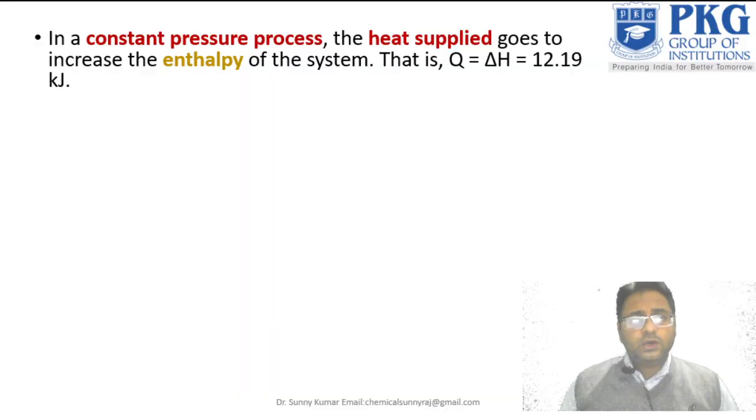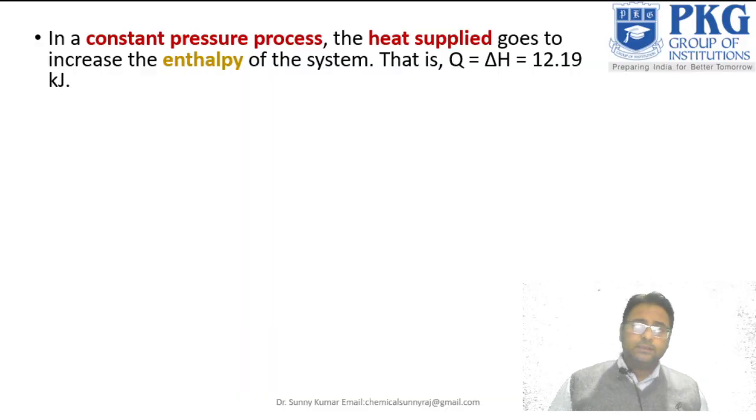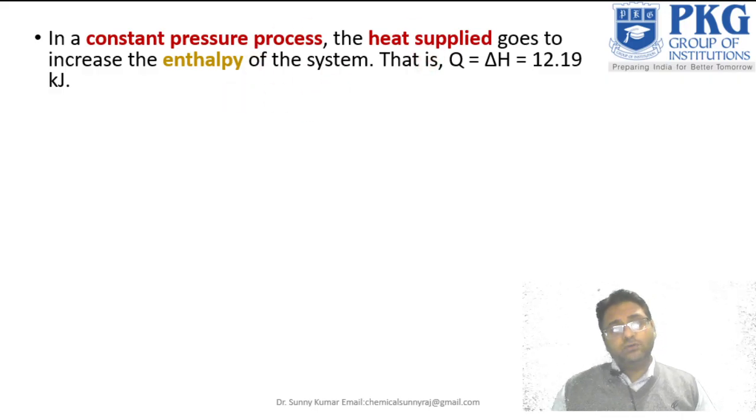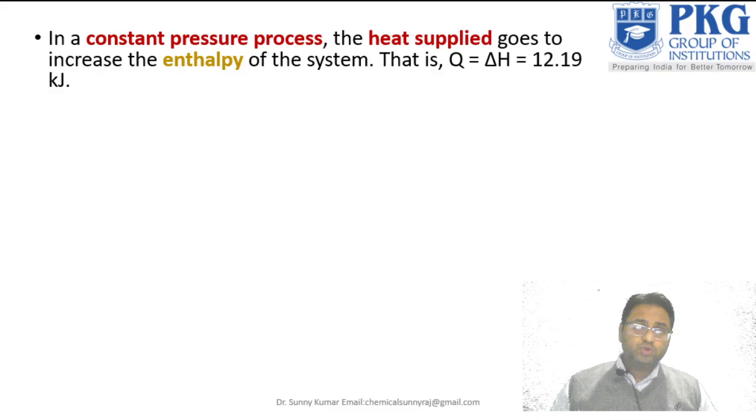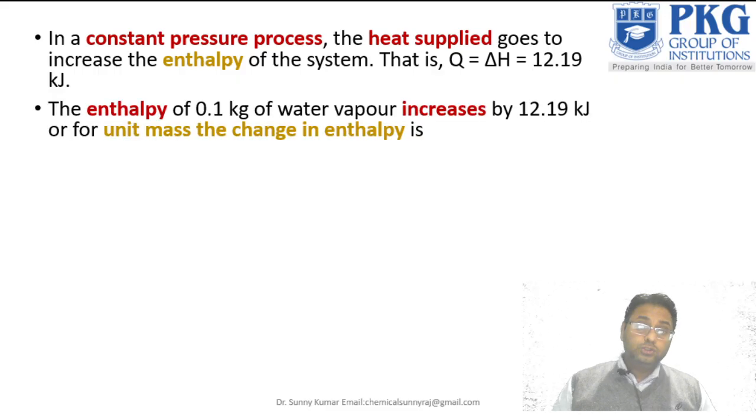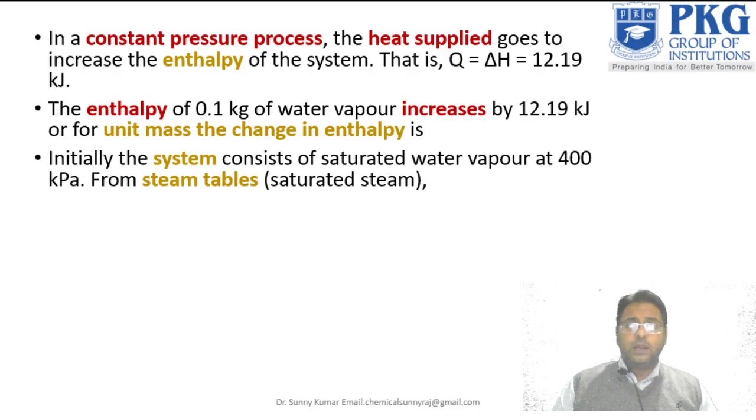So then in a constant pressure process, the heat supplied goes to increase the enthalpy of the system. So Q is directly equal to del H, which is 12.19 kilojoule. So the enthalpy of 0.1 kilogram of water vapor increases by 12.19 kilojoule, or the change in enthalpy per unit mass is 121.9 kilojoule.